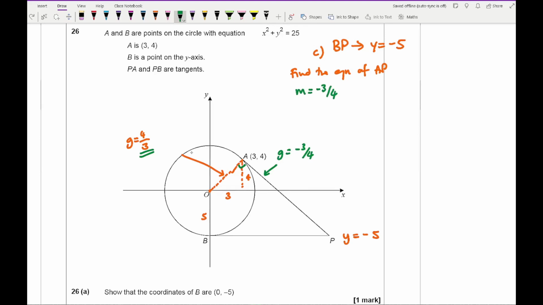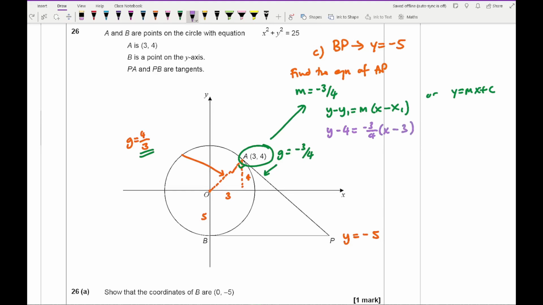So from this, we know the coordinate there, so using 3, 4 and the gradient, I'm going to use y minus y1 equals m times x minus x1. Alternatively, you could use y equals mx plus c. Substituting numbers in, I get y minus 4 equals minus 3 over 4 times x minus 3.